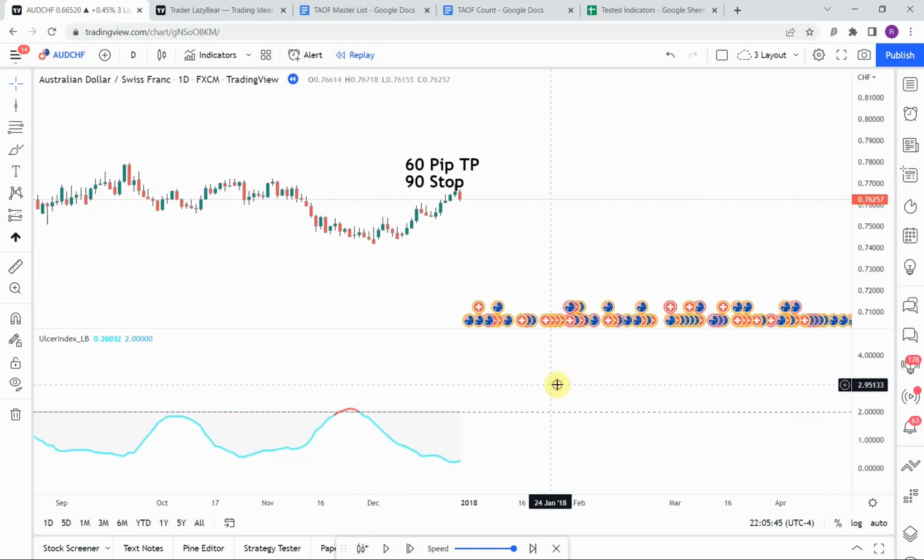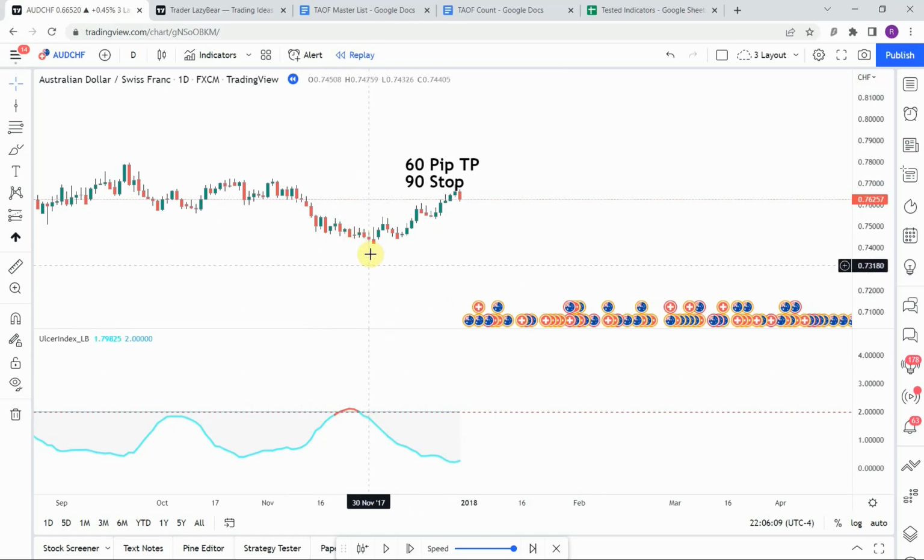And so basically what this does is it detects where there are spikes in activity, I guess you could say, spikes in momentum, spikes in buying pressure or selling pressure, however you want to put it.